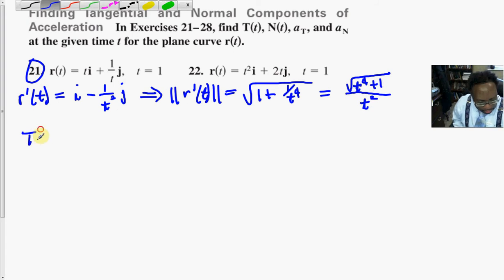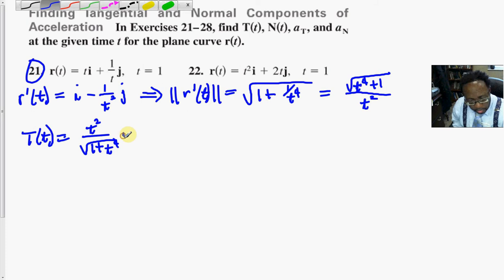So the tangent vector is r prime divided by its norm, so we get t squared over the square root of 1 plus t to the 4th i minus, t squared divided by t squared cancels out, 1 over the square root of 1 plus t to the 4th j.